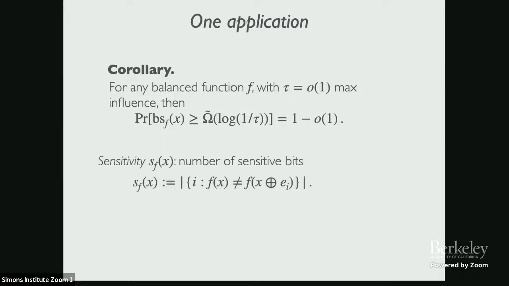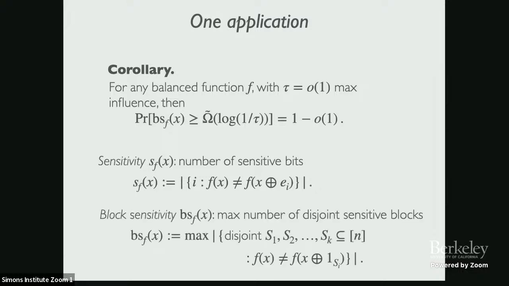Just to remind you what sensitivity and block sensitivity are: sensitivity on an input x is the number of bits that you can flip to flip the value of the function, and block sensitivity is the number of disjoint blocks of variables that you can flip to flip the value of the function.